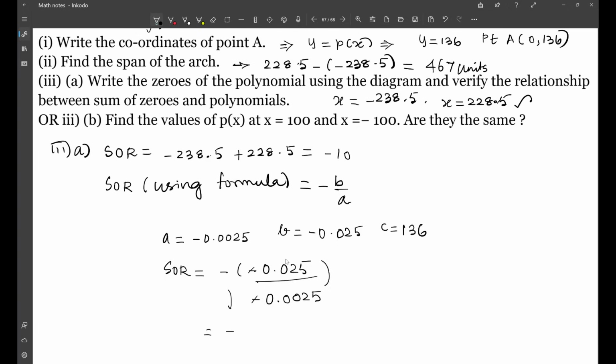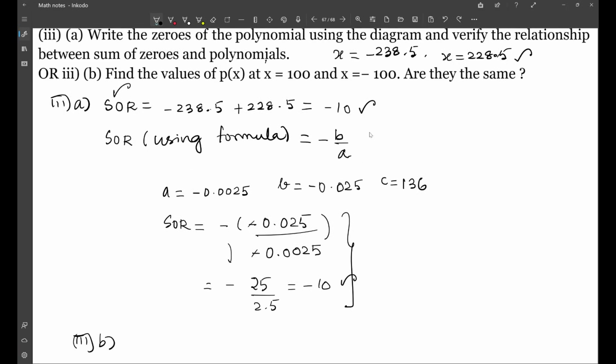And 0.025, so this would be 25 divided by 2.5. So the answer is minus 10. So we get the sum of zeros being verified. The relationship between the sum of zeros as found by the formula is equal to the sum of zeros as found from the zeros of the polynomial, right?